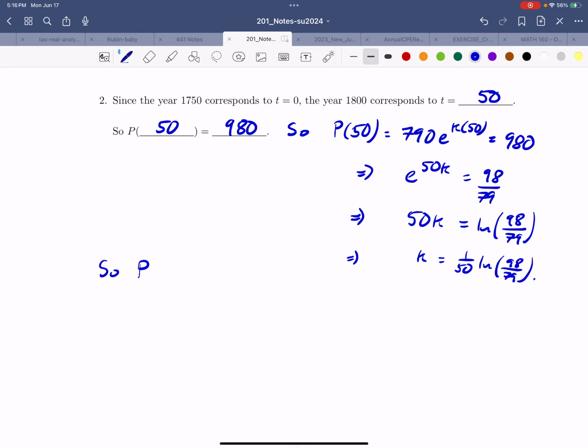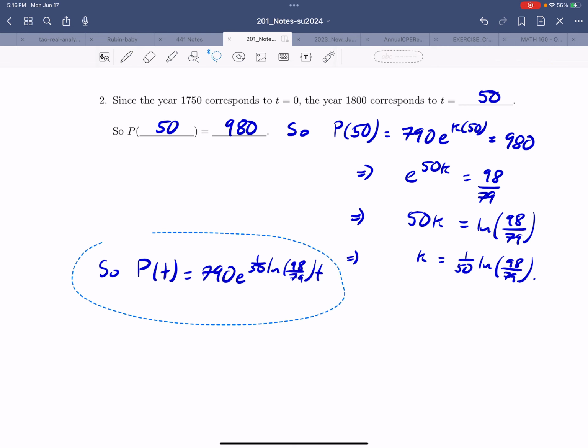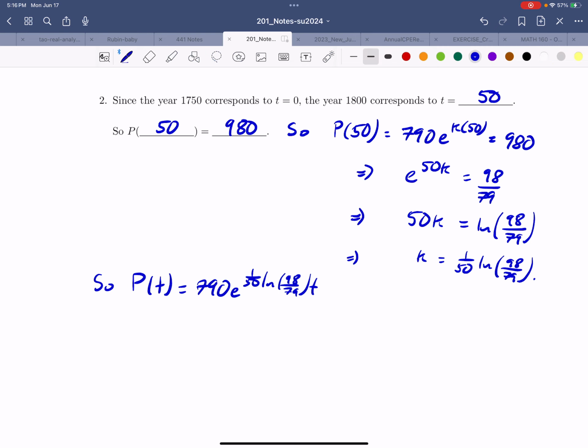So the population at time t equals 790 e to the 1/50 ln of 98 over 79 times t. Note that all this is in the exponent.